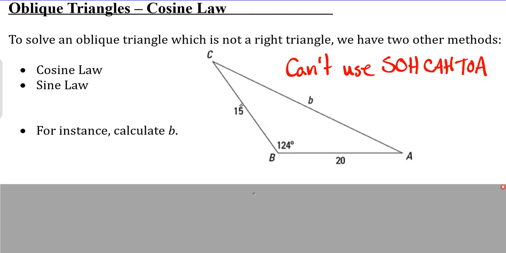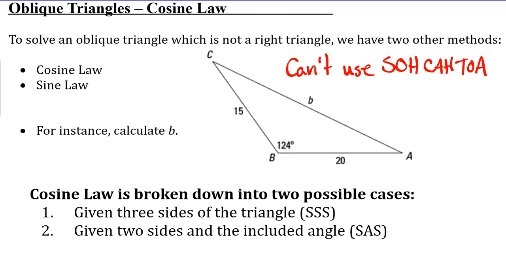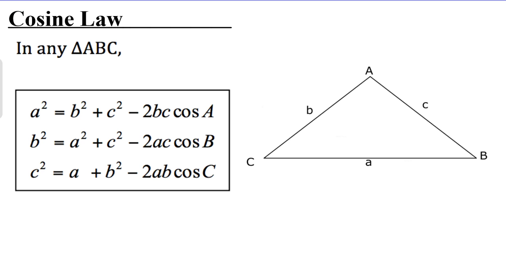Here I've got a side, an angle, and then another side. Based on that, I can use cosine law, because cosine law works if we have either all three sides of a triangle or a side, another side, and the angle between them. So side, angle, and side.